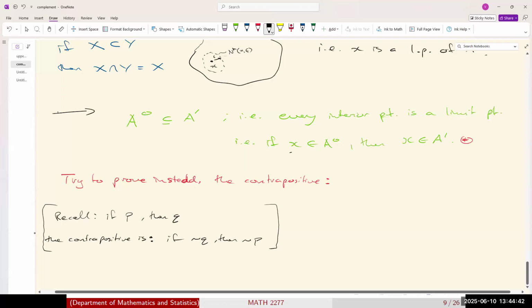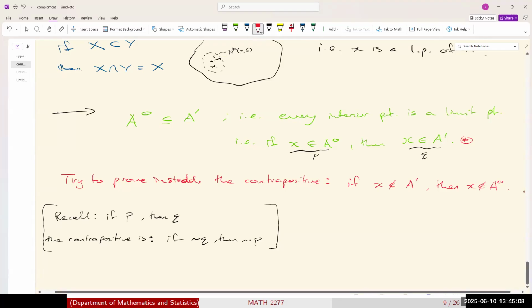So this statement is P, this statement is Q. What is the contrapositive? If not Q, then not P. So if X is not a limit point, then X is not an interior point.